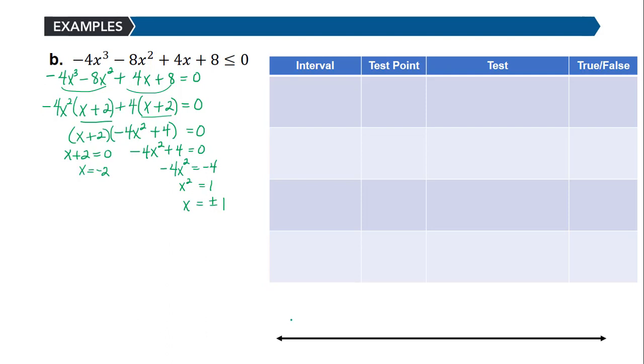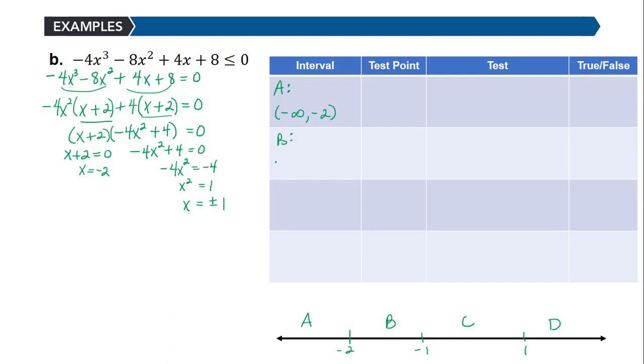On our number line, we have 3 zeros to place. We have to put negative 2, negative 1, and 1. And now this forms 4 regions. We have region A, B, C, and D. So region A is everything to the left of negative 2, so negative infinity to negative 2.